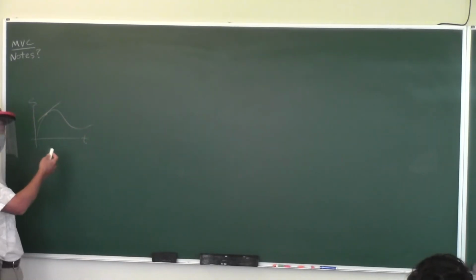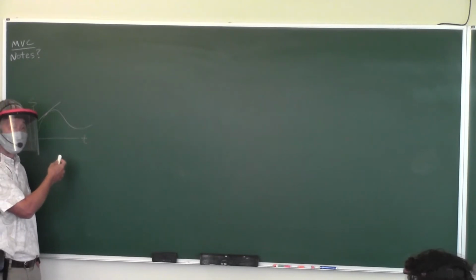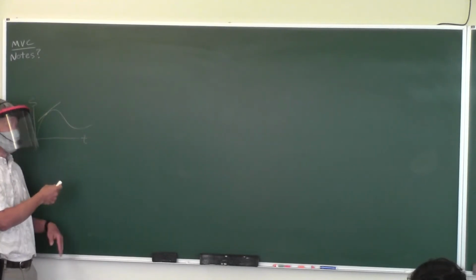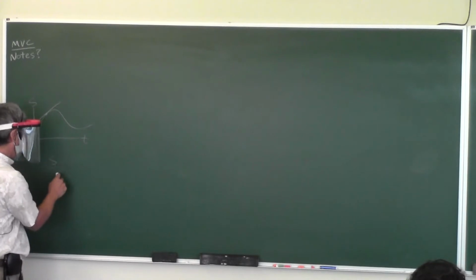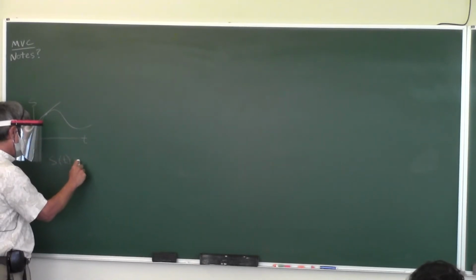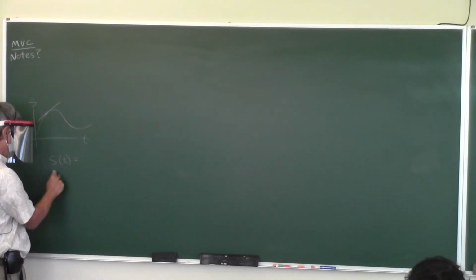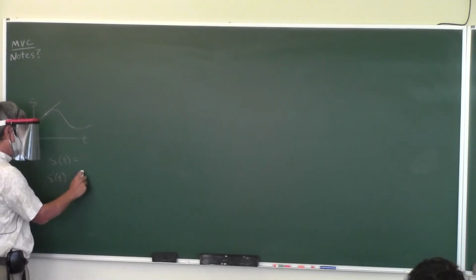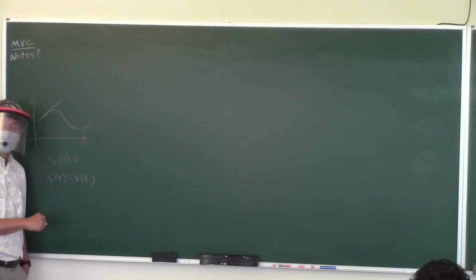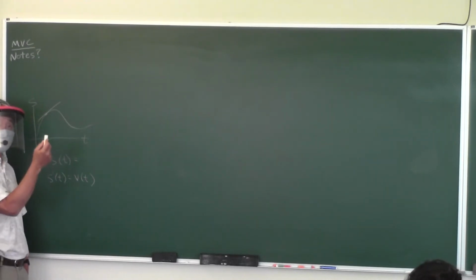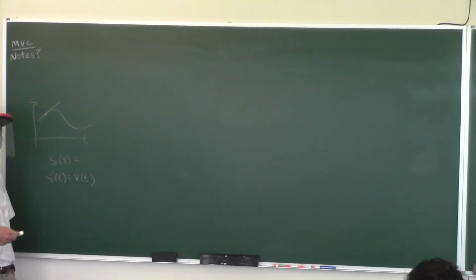But isn't derivative the same thing as slope? Yeah. So, if you are given the graph of position, then the derivative is simply the instantaneous velocity. The derivative of position is instantaneous velocity.